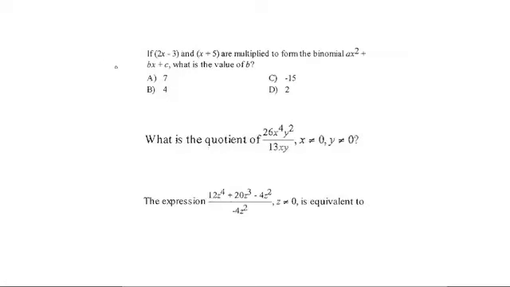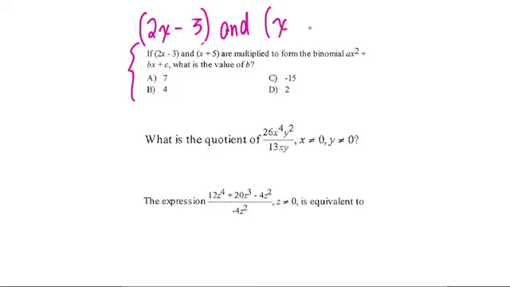In this video, we're working through 3 algebra problems, and I'll start with this one up here. It says if 2x minus 3 and x plus 5 are multiplied to form the binomial ax squared plus bx plus c, what is the value of b?